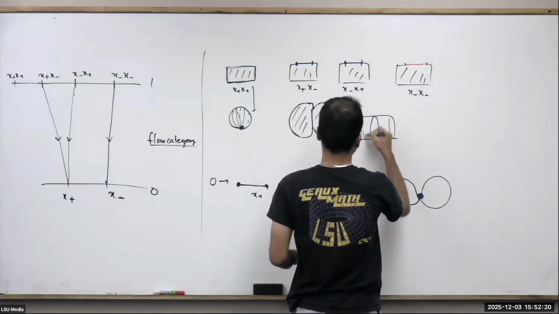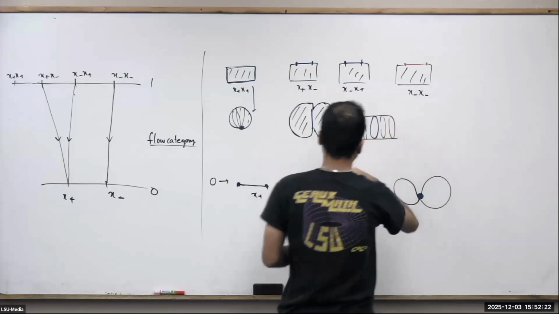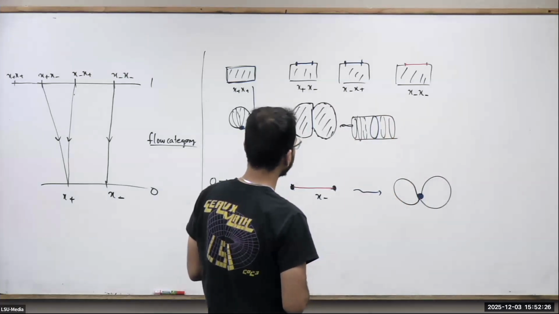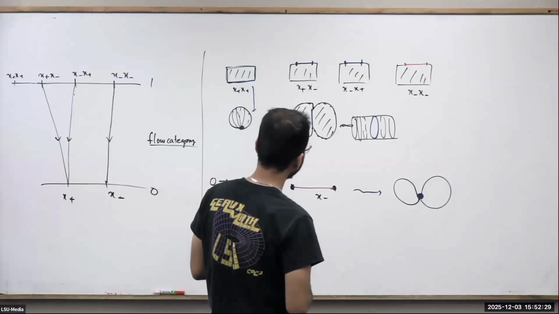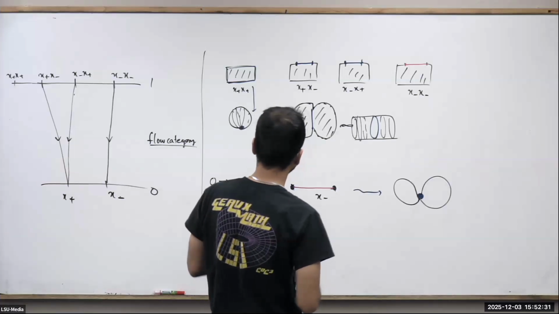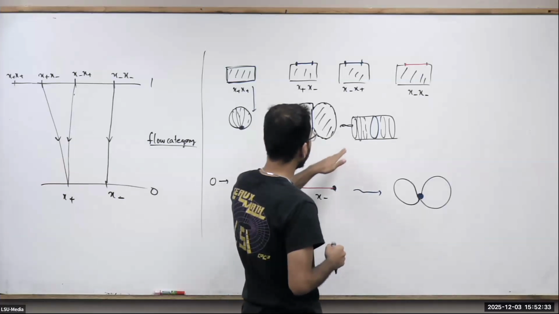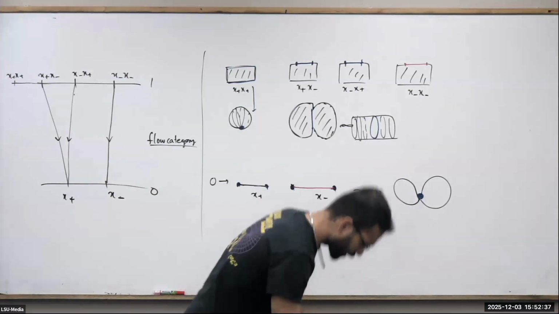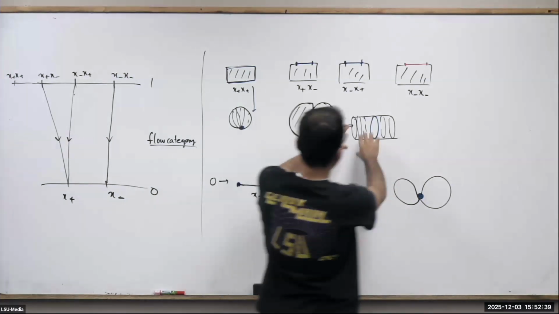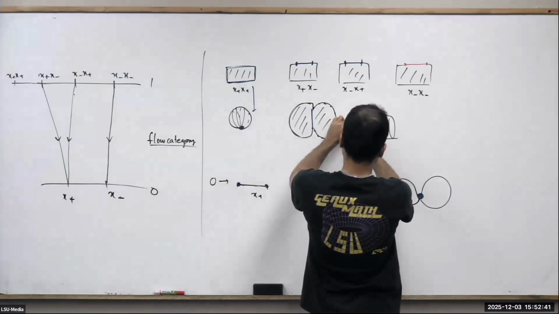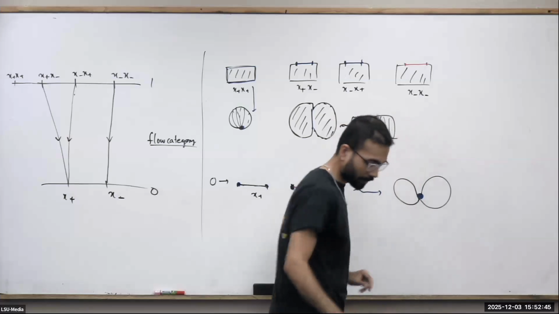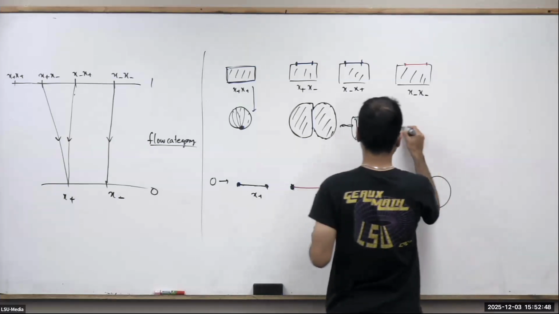Now, all of the boundary is getting mapped to a point, that should also give you a sphere. Am I right? Am I getting a sphere or not? Yes, I'm getting a sphere. So all of its boundary is getting mapped to a point, and over here it's also getting mapped to a point. That will give you a sphere. And if you can't see this, let me know. I will explain again.